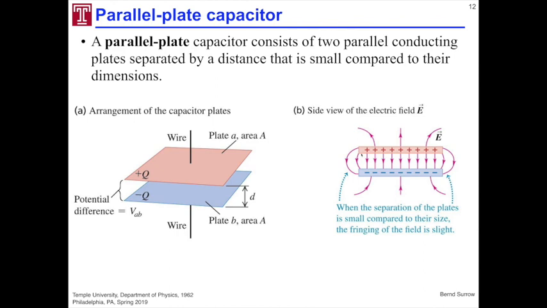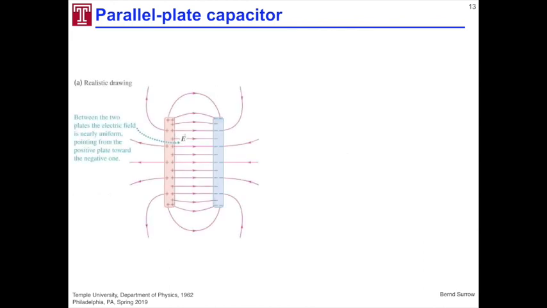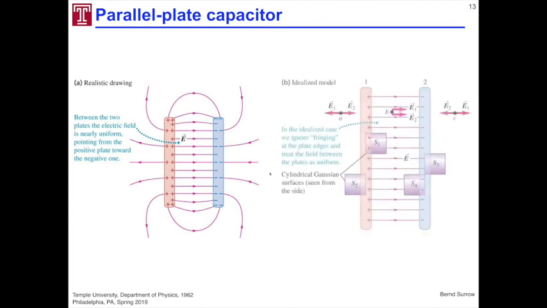And now the approximation we will be doing right now is that we are considering a field which looks like this here, a perfectly uniform idealized model of the electrical field between two infinitely large charge plates here.